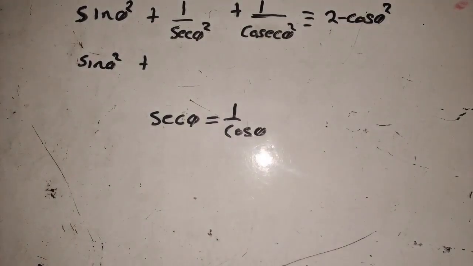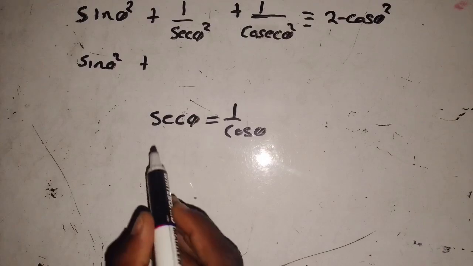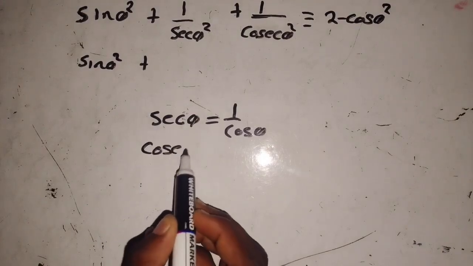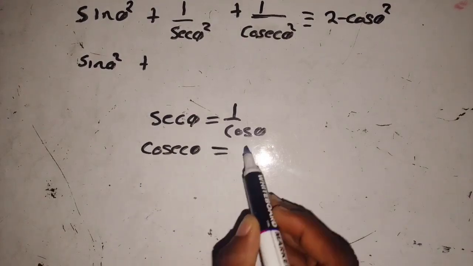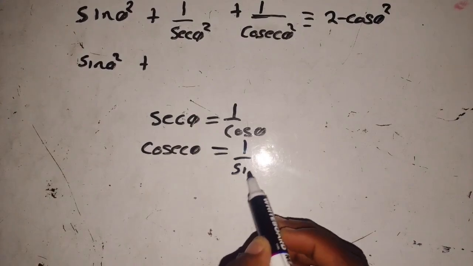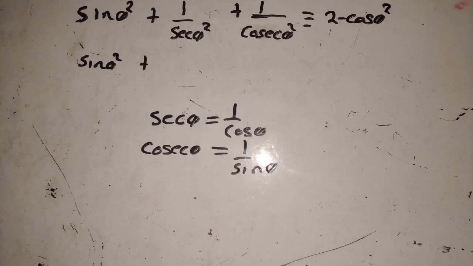We know this because we learned in our previous lesson that sec theta is equal to 1 over cos theta, and we also said that cosec theta is the same as 1 over sine theta, isn't it? Yes, we learned it in the previous lesson.